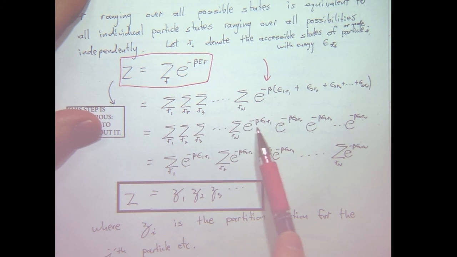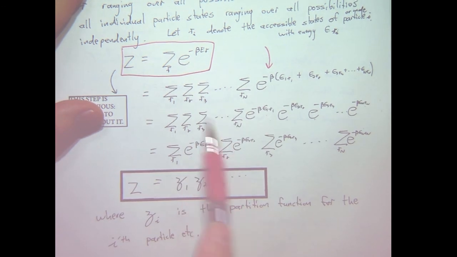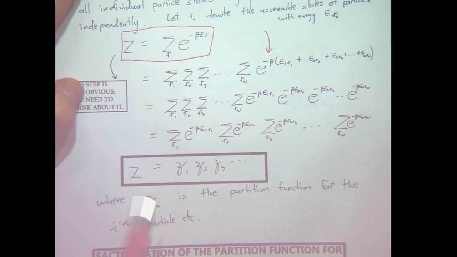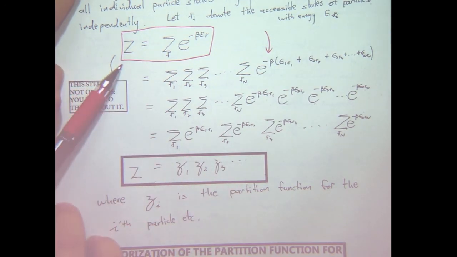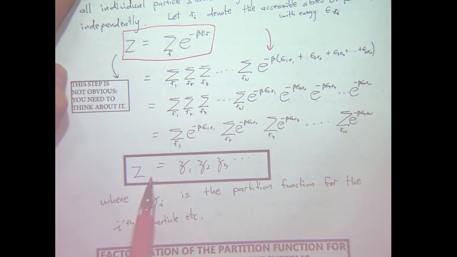Then you put this exponential to do with particle 1 in this sum, rewrite the multiple summation like that, and each of these is just a partition function for a single mode. That would be a single particle, single excitation. So the partition function for the many-body system is just a product of individual partition functions for single modes.